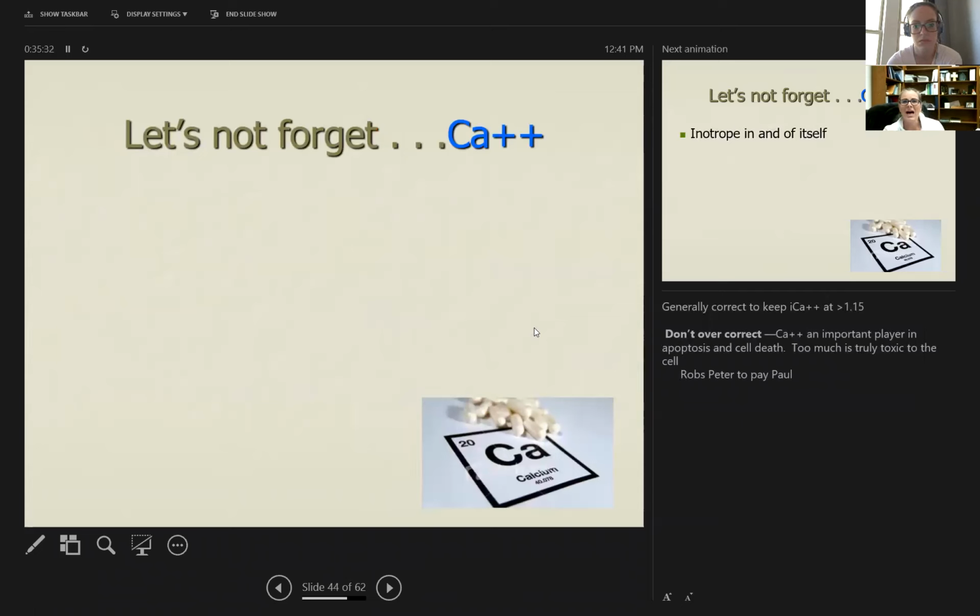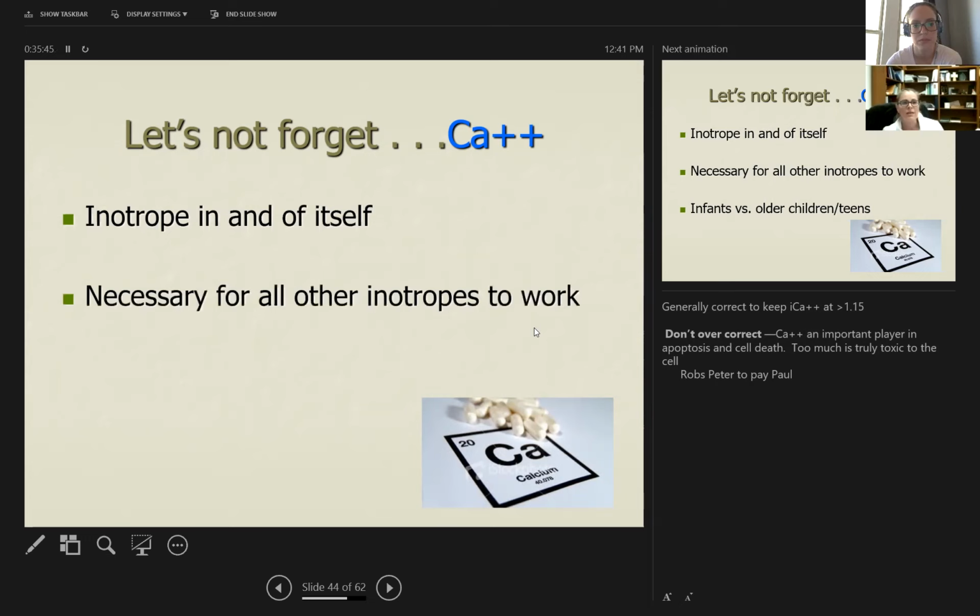I talked a lot about calcium and its impact as we moved through all of the different vasopressors. I don't want you to forget, calcium really is essentially an inotrope in and of itself. It is necessary for basically all of those inotropes that we talked about to work. If you do not have adequate calcium stores to move back and forth into the cytosol and into the sarcoplasmic reticulum, you are not going to be able to achieve chronotropy, inotropy, or vascular smooth muscle constriction.